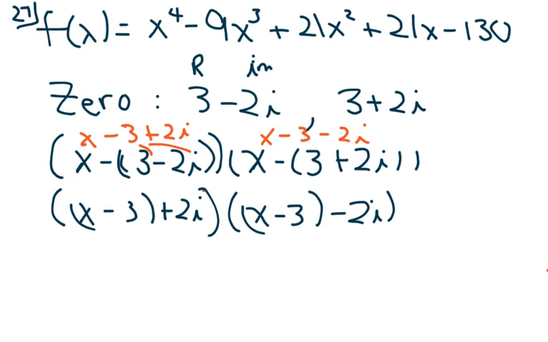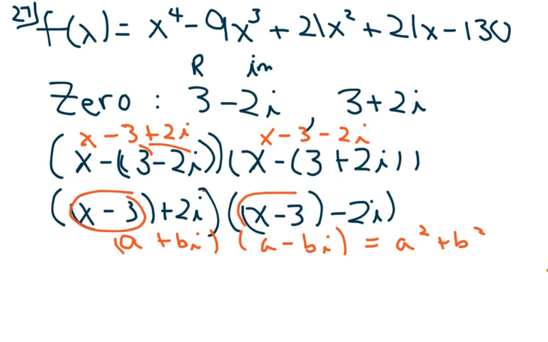Now, this has the form of a plus bi times a minus bi. And we all know by now that that is a squared plus b squared. So when I multiply these two together, this is my a, which is basically x minus 3 squared.